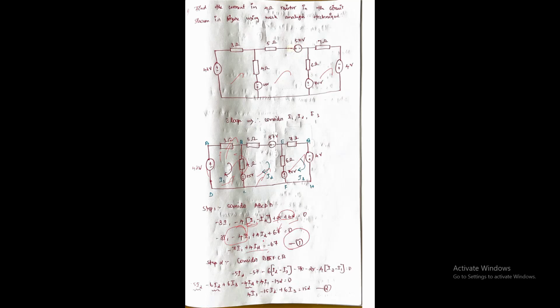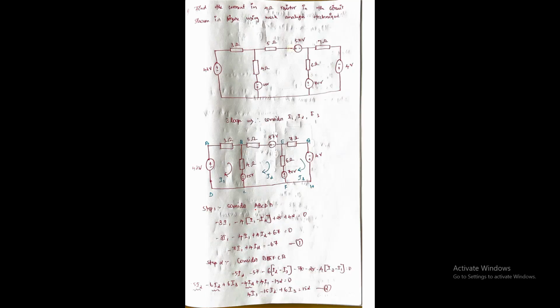From loop 2, which means the closed path B, E, F, C and B, similarly the 5 ohm resistor has the current I2, so minus 5 into I2.